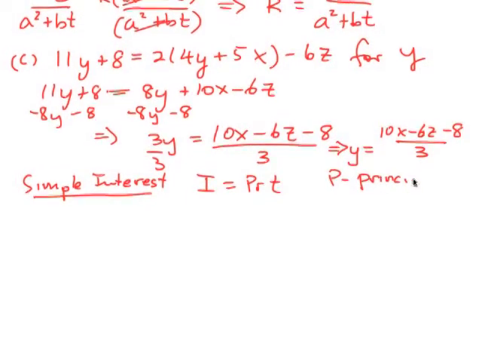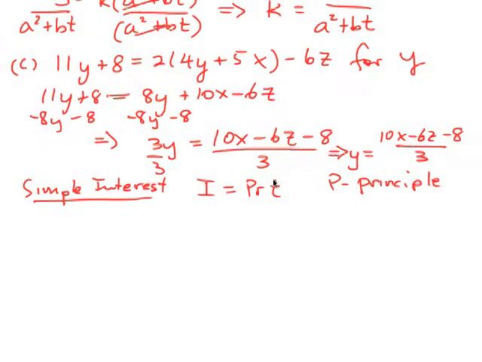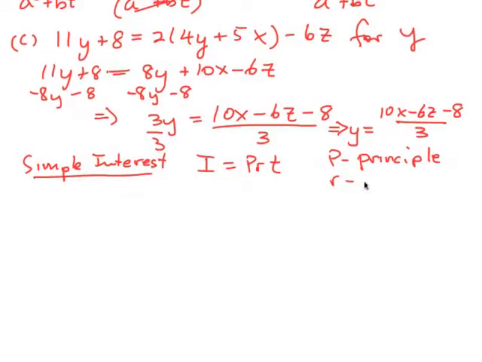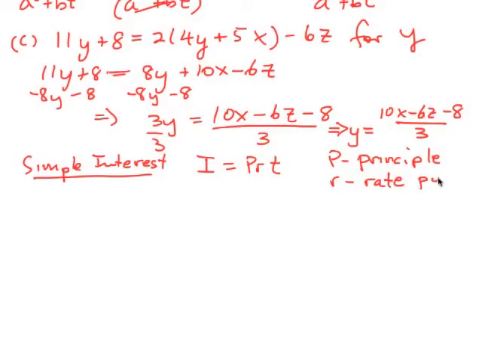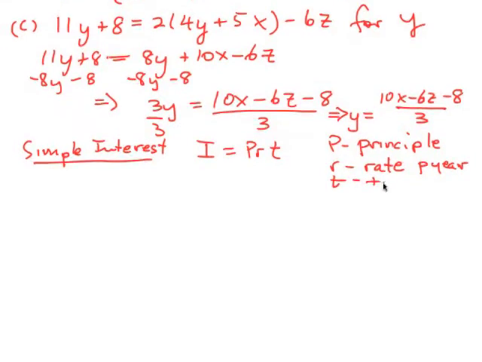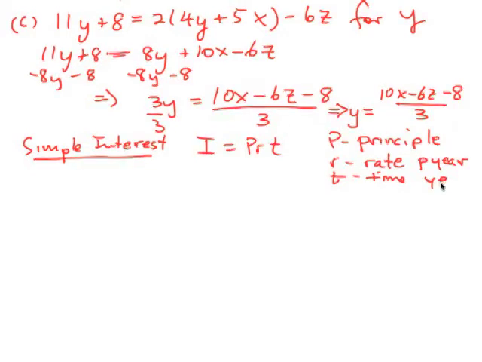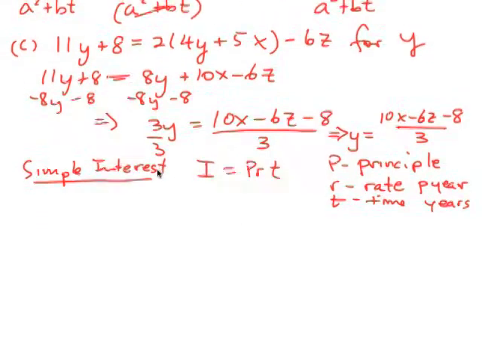That's how much we have initially. R is the rate. This is a percentage rate per year. And T is the time that we are investing it or paying it off, and that is in years. So make sure you got the formula, and make sure you got the units correctly.